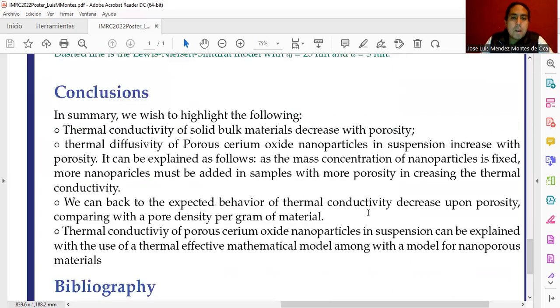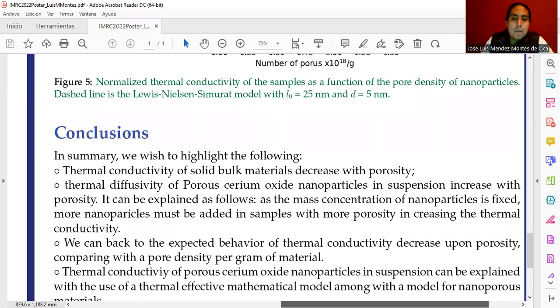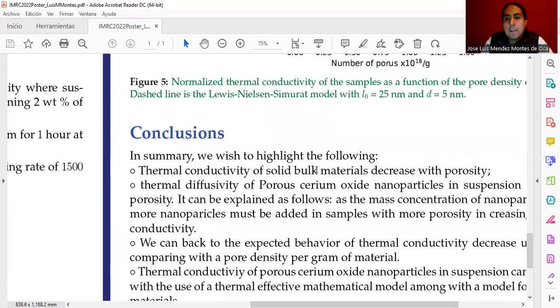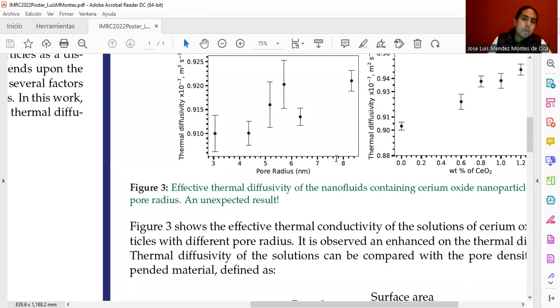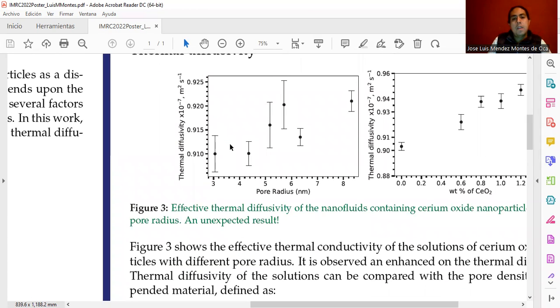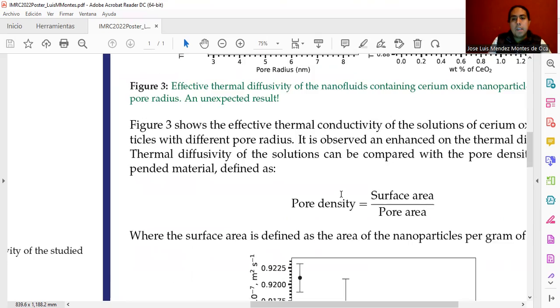Summarizing, we can highlight the following facts: in a bulk material with porosity, usually the thermal conductivity decreases when porosity is increased, but in this case of porous nanoparticles in a liquid, we saw that the thermal diffusivity increased with the porosity.